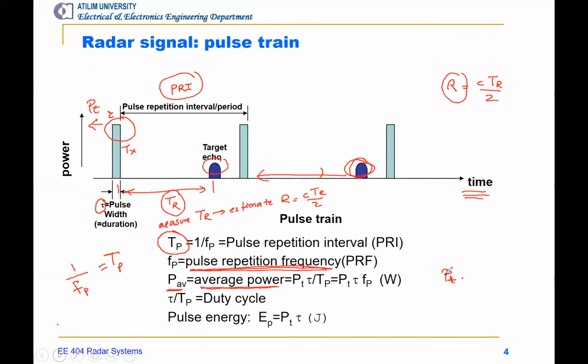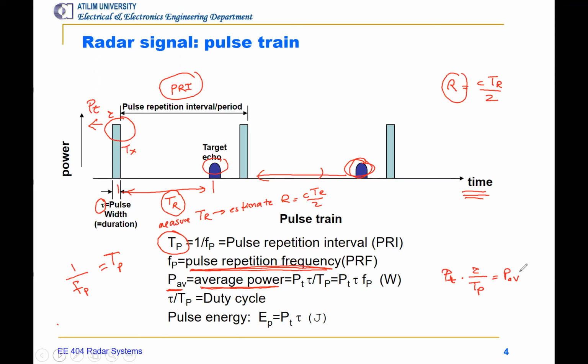Then the average power can be written as peak power times the pulse duration divided by pulse repetition interval. Okay? That's the ratio of the pulse width divided by PRI.